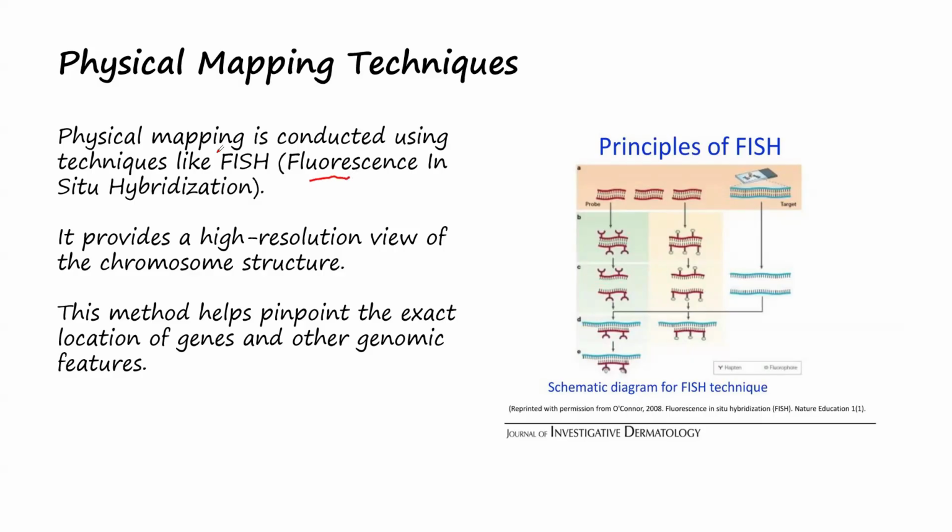Fluorescent in situ hybridization is a technique that uses fluorescent probes to identify and map a DNA sequence in a cell. This method helps pinpoint the exact location of the genes and their genomic features.